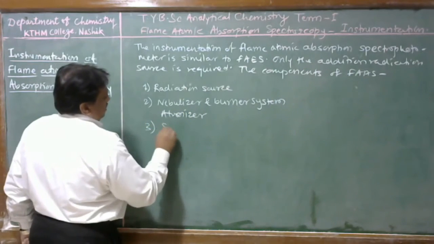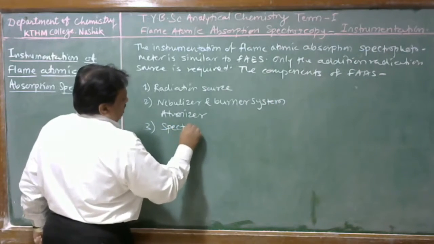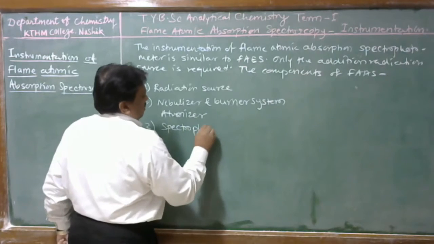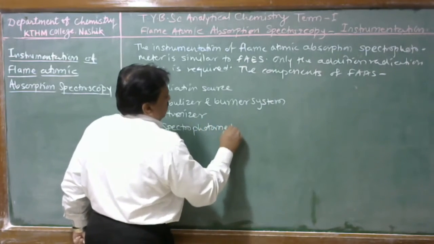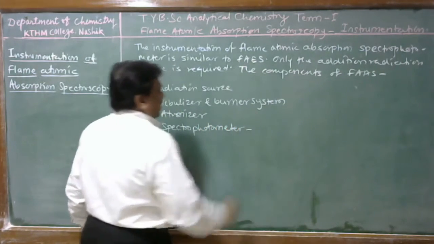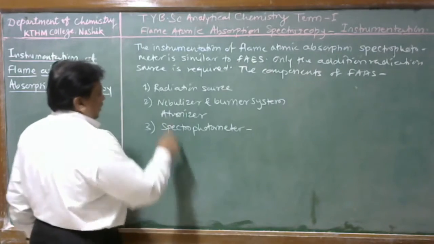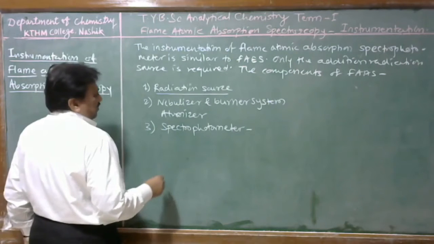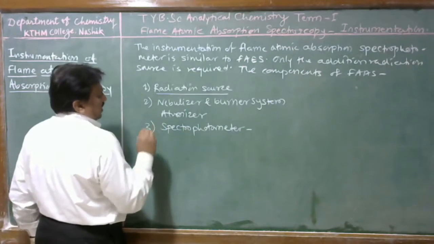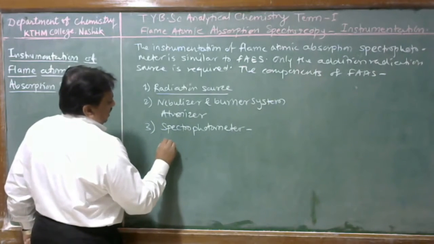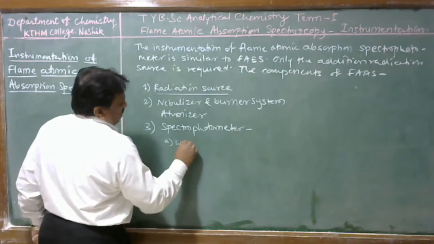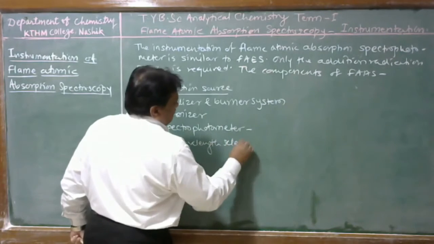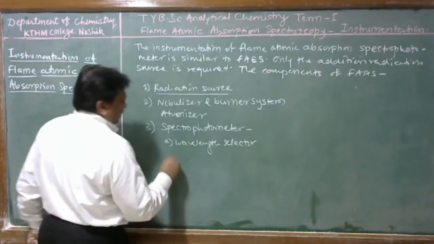Number third is the spectroscopic apparatus to isolate a resonance line of the analyte element from the source or from the flame, that requires a wavelength selector or a monochromator.